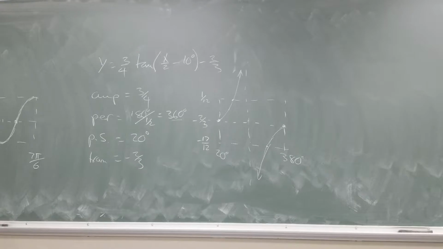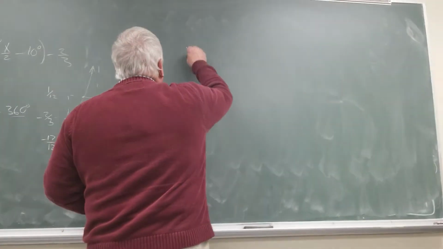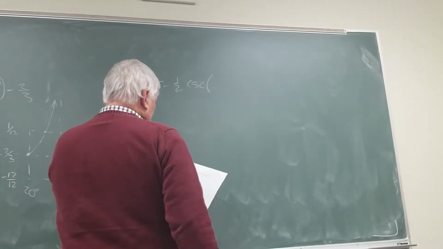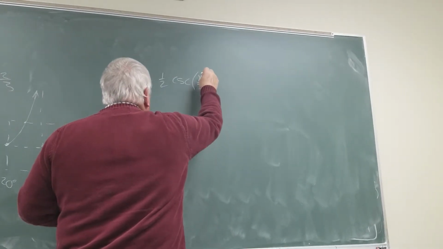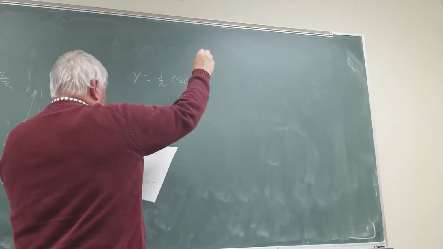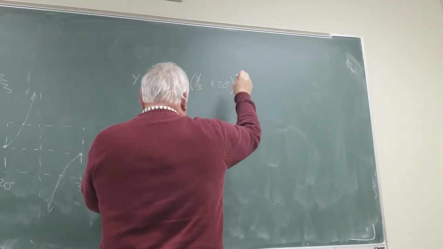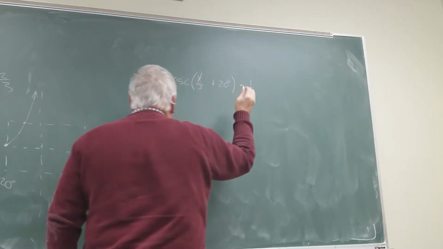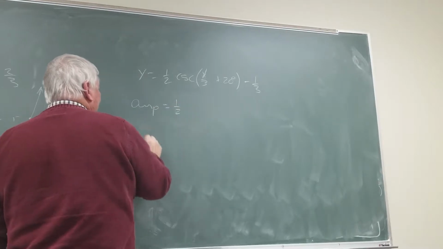And number 3, 1/2 the cosecant of (x over 3 plus 20 degrees) minus 1/3. Amplitude, half.